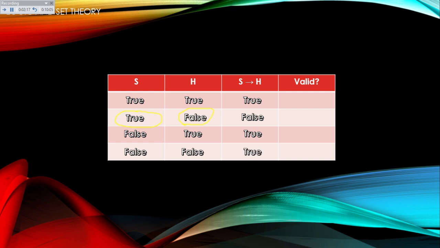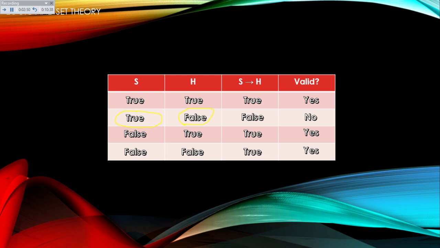Logically, when S is false and H is false, the implication result is valid, or true. So is this valid? Let me see logically. The first row is yes, the second row is no, the third one is yes, and the fourth one is yes.